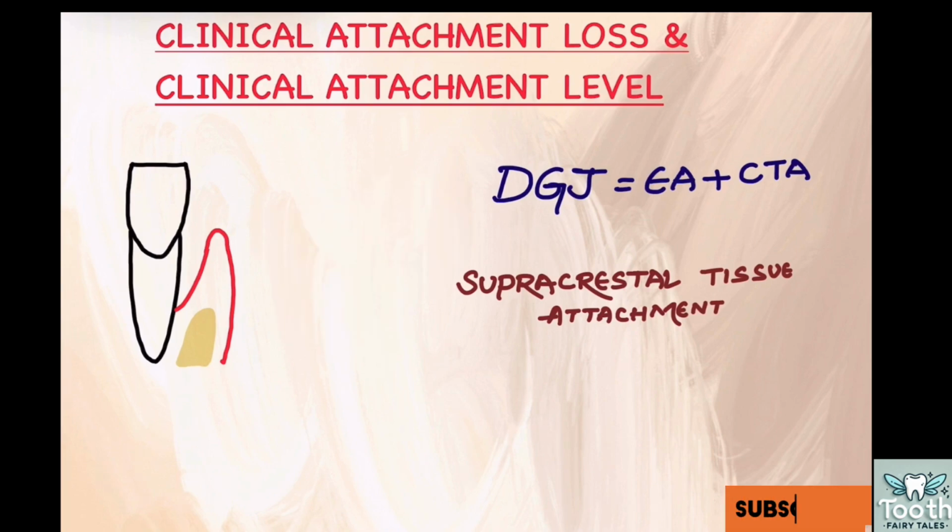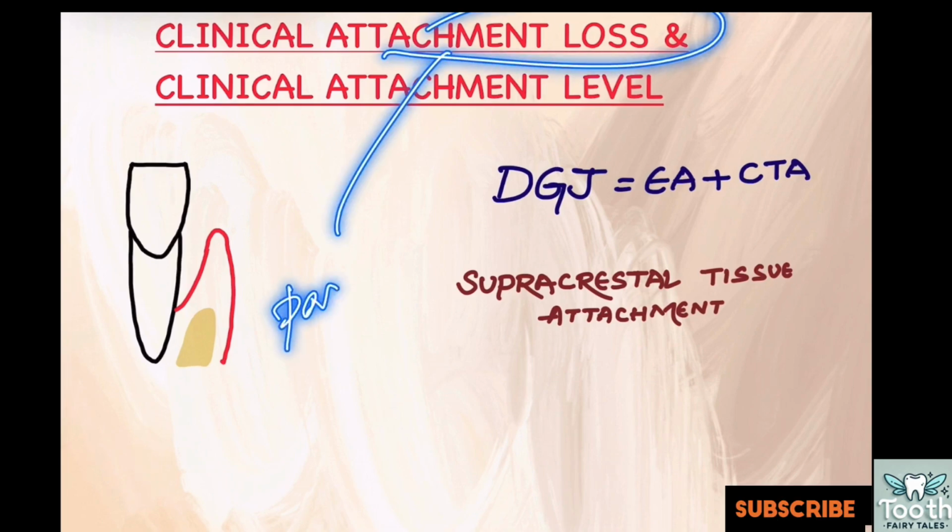So now the clinical attachment loss will tell us how much the dento-gingival junction has moved down from its original position. It's a great way to assess how much damage has occurred and whether treatment is needed. To sum up, clinical attachment loss gives us a picture of the past disease progression.